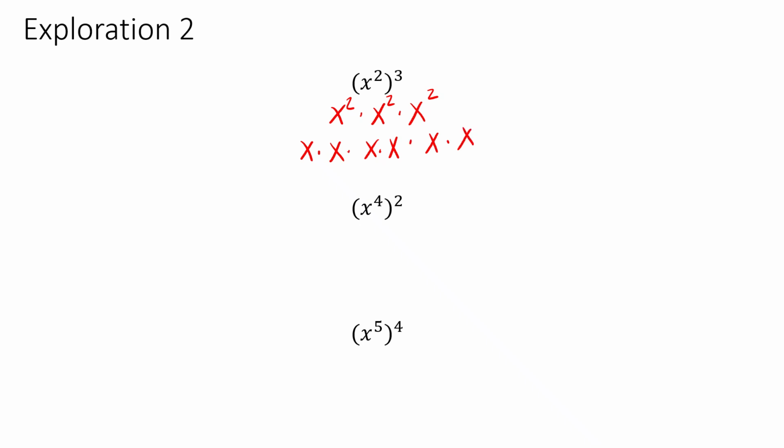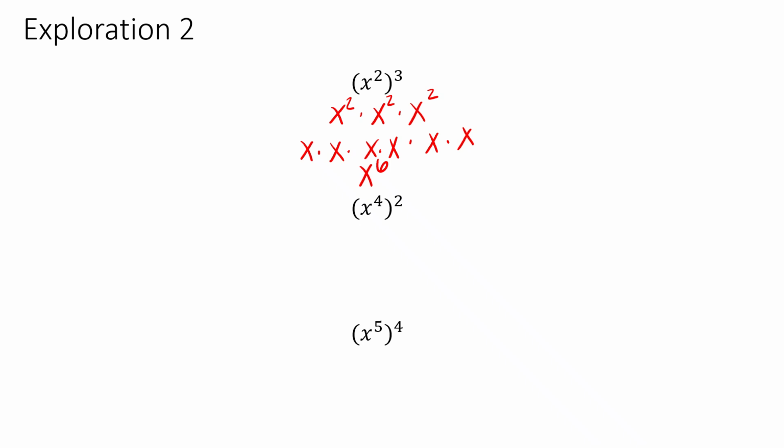So really, that is x times x times x times x times x times x, which is x to the 6th. And we're looking for some patterns here. So we had x squared raised to the 3rd power, or x to the 2nd raised to the 3rd power, and the simplified version of that was x to the 6th.